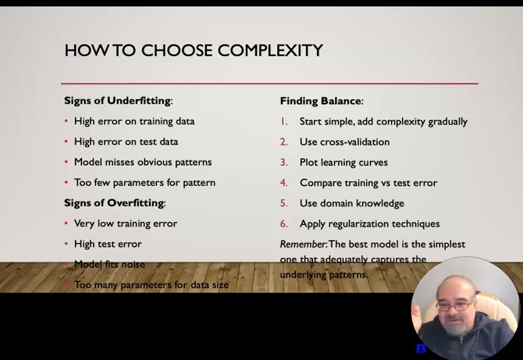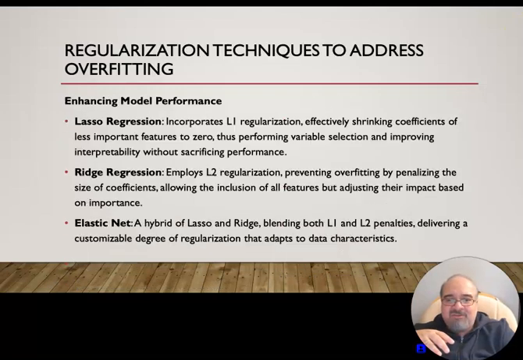That's the one thing you want to keep in mind in regards to that. So you can have some signs that you're underfitting or signs that you're overfitting, but really you want to find the balance as much as you can, and look to do that. Cross validation and learning curves I think are probably the most essential approaches.